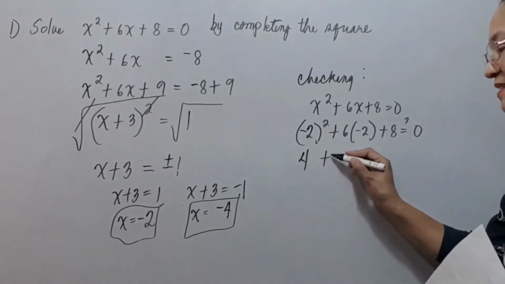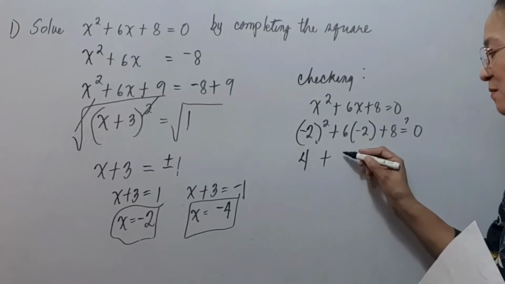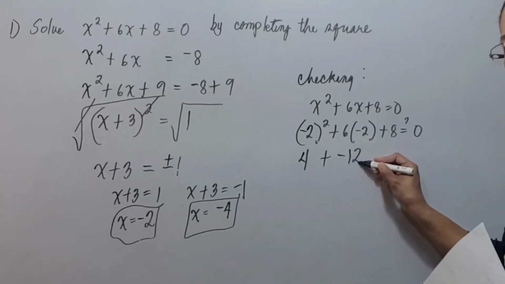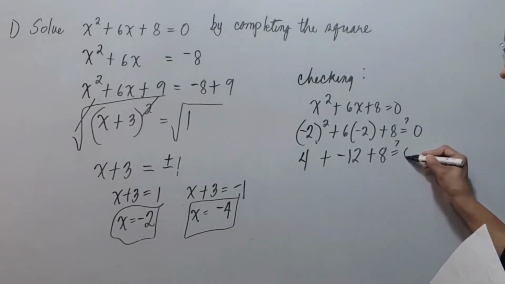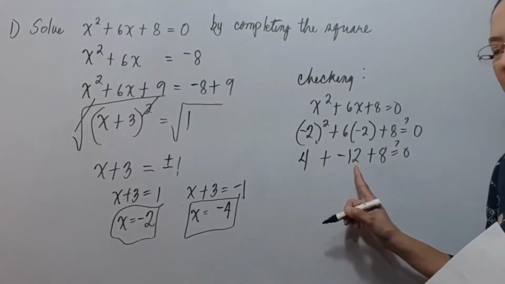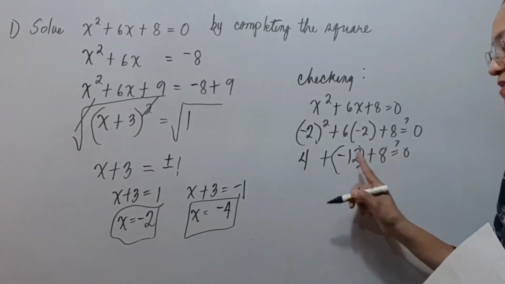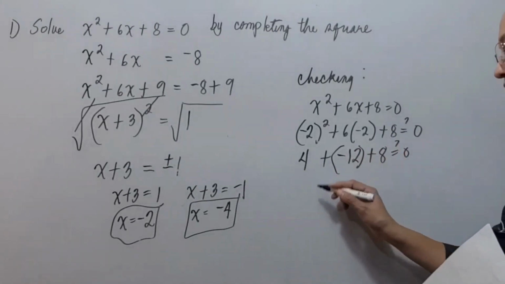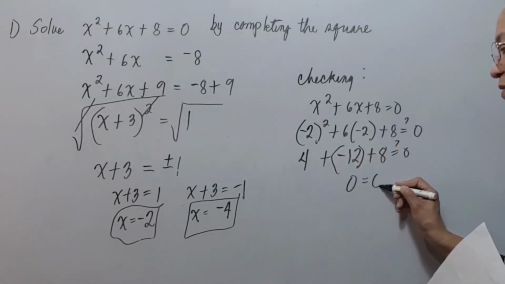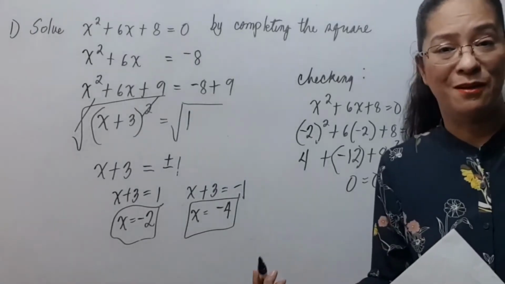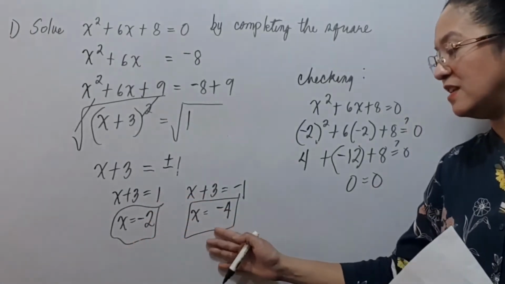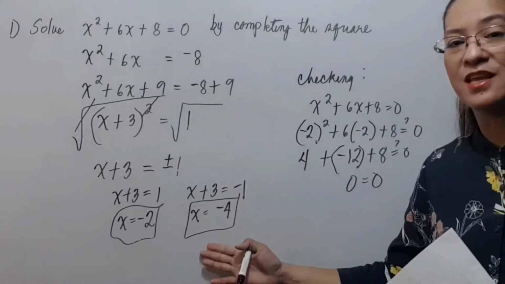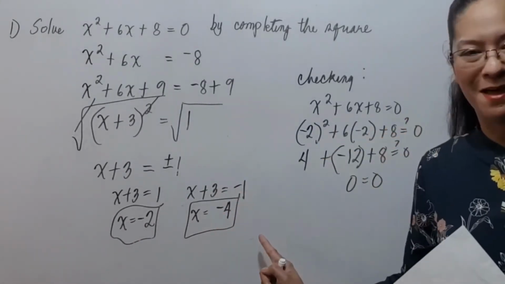Okay? Plus 6 times negative 2 is negative 12. Plus 8. Is it equal to 0? 4 plus negative 12 is negative 8 plus 8 is 0. So 0 is equal to 0. So our first solution is correct. So the second solution or the second root, ikaw na ang mag-check kung tama.